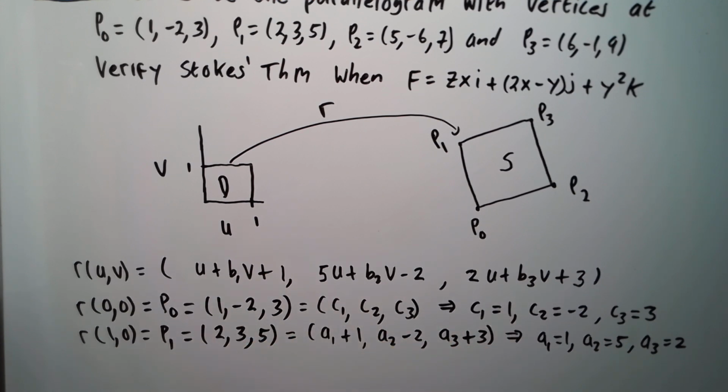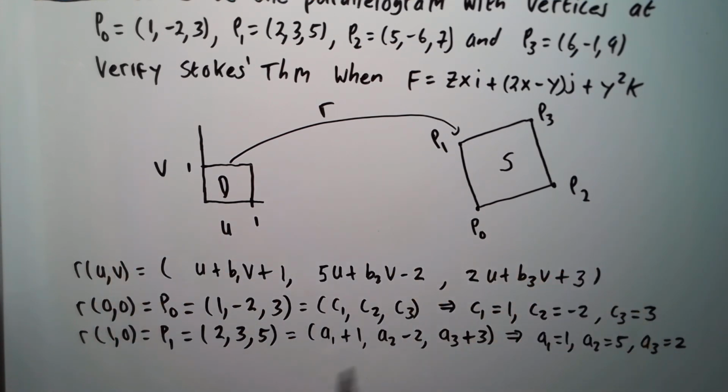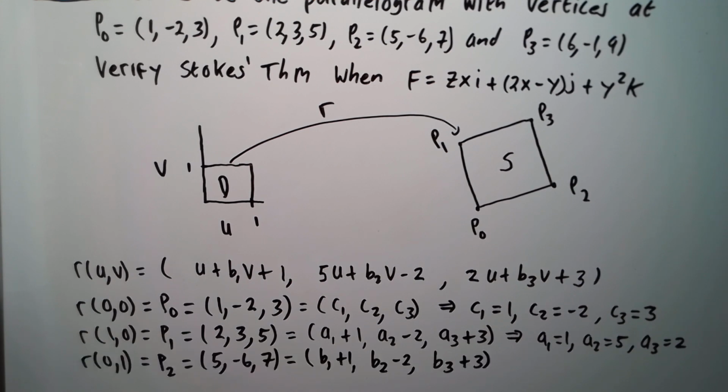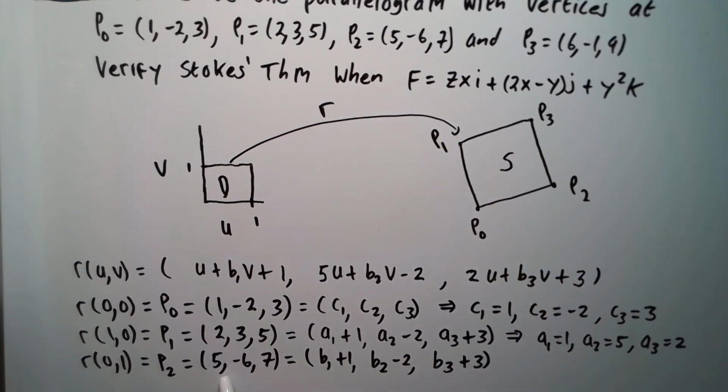Next, let's map R of (0, 1) onto, say, P2 over here. So R of (0, 1) goes to P2, which from up here is (5, -6, 7). Putting 0 in place of U, 1 in place of V, you'd have B1 plus 1, B2 minus 2, and B3 plus 3.